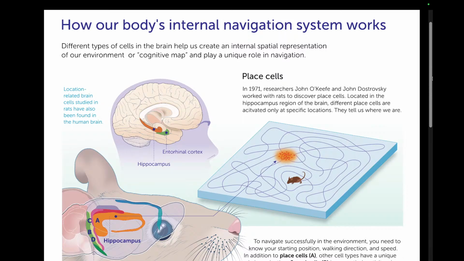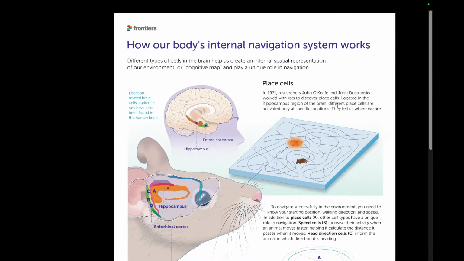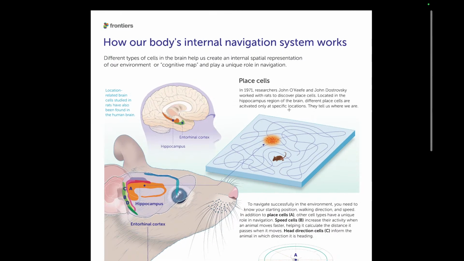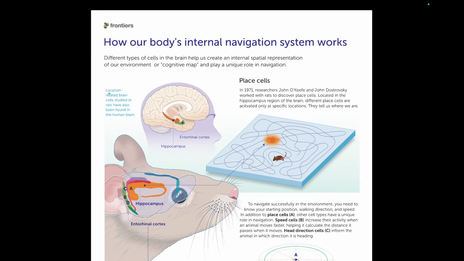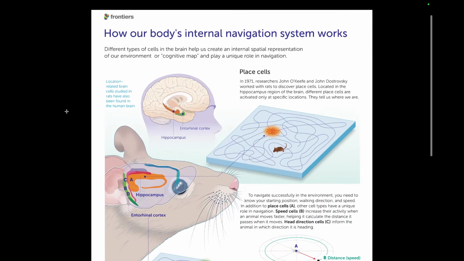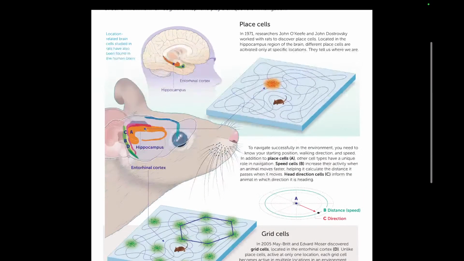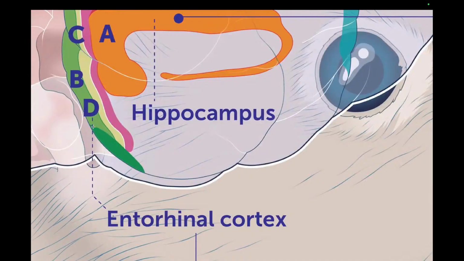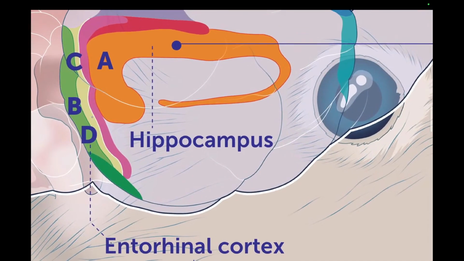So this allows us to give more context to why these imaging systems are necessary to understand. So, very briefly speaking here, the hippocampus, as you can see here highlighted in the orange portion, and the entorhinal cortex, which is a small bit here labeled D. This hippocampus is labeled A here.